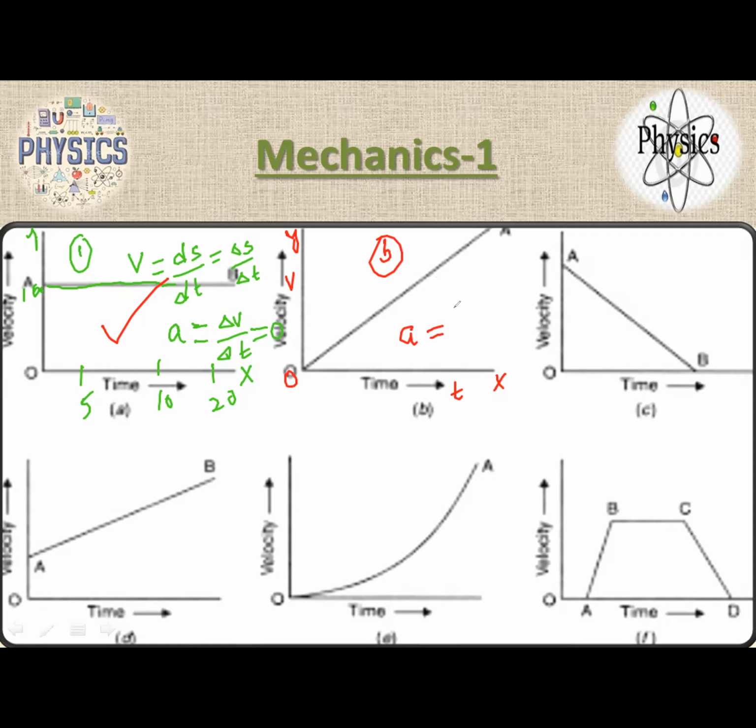What is the meaning of non-uniform and uniform? Uniform means with the same interval of time. If uniform, the acceleration should be constant, right? So if I find the slope here or here, and I get the acceleration to be the same, a1 equal to a2 equal to a3, then you can conclude that acceleration is constant.